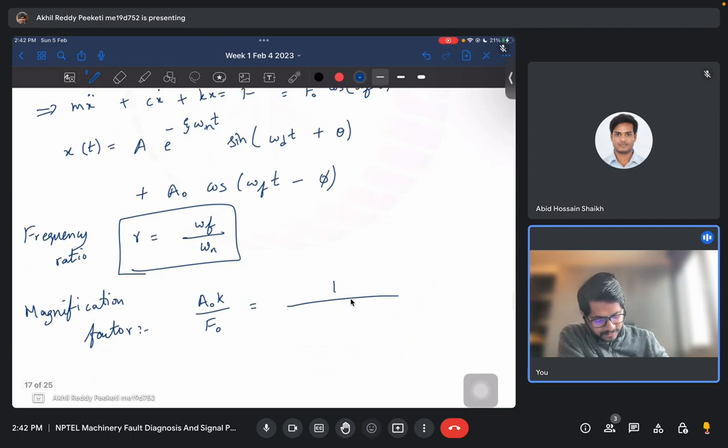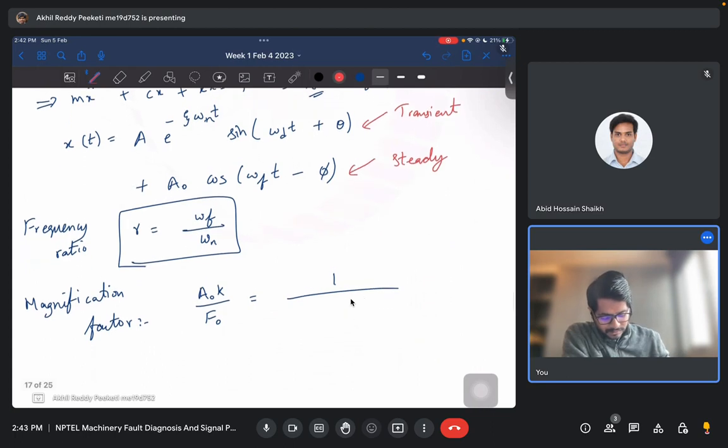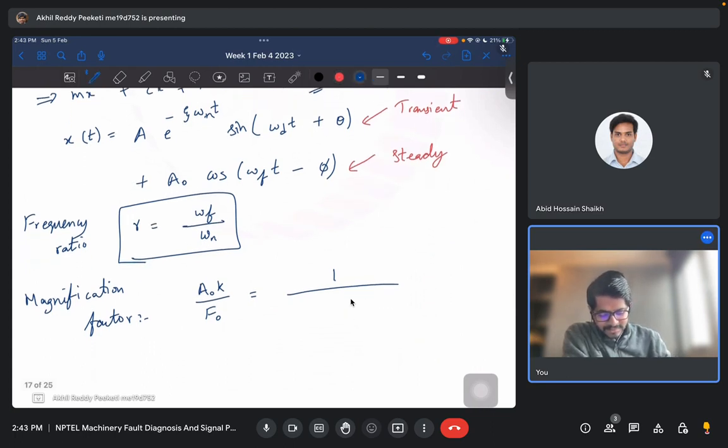So F naught is the force which we are actually applying, right? And in the spring, how much maximum force would you be getting? Because the average of this is a sine thing, and this is the transient component of the response, and this is the steady component of the response. So the spring force is kx, so a naught k.